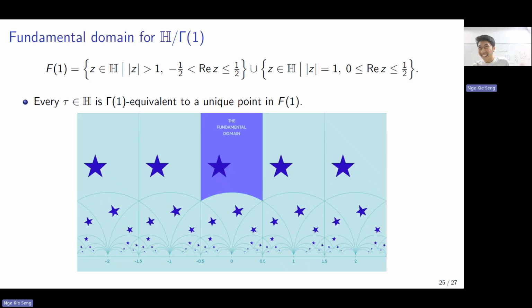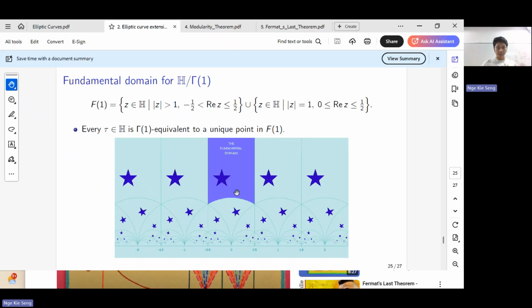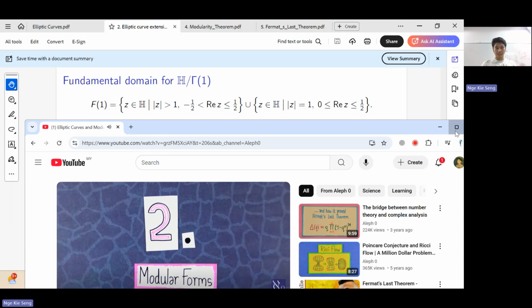Wait, I have a mic. Modular forms have, at first.